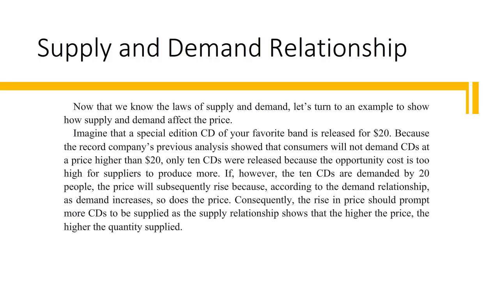If, however, the 10 CDs are demanded by 20 people, the price will subsequently rise because, according to the demand relationship, as demand increases, so does the price. Consequently, the rise in price should prompt more CDs to be supplied, as the supply relationship shows that the higher the price, the higher the quantity supplied.